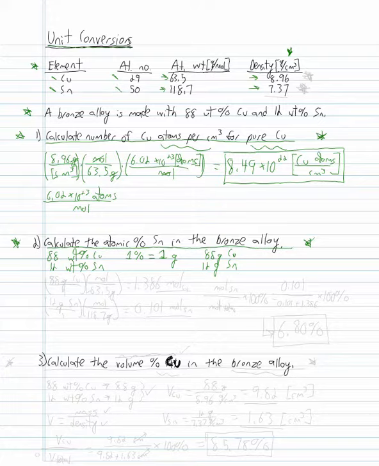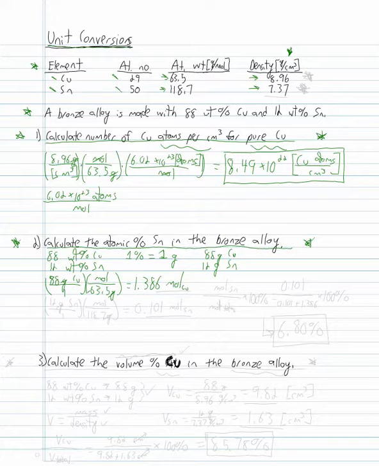Our first step now is to convert our grams to moles. So we have 88 grams of copper, and we can multiply that by the inverse of the atomic weight, which is going to be 63.5 grams per mole. Doing that, our grams cancel out, and we simply have moles left, and it's going to yield 1.386 moles of copper.